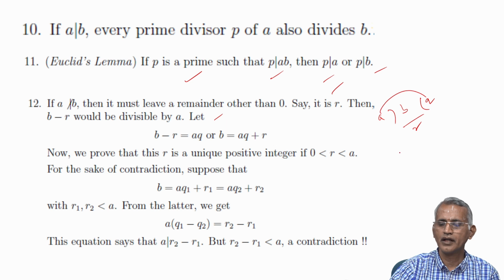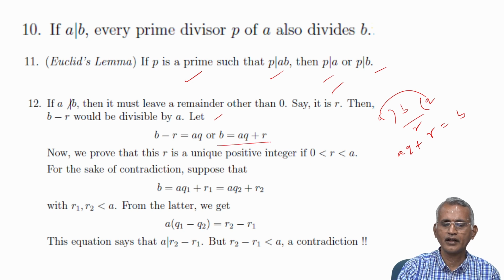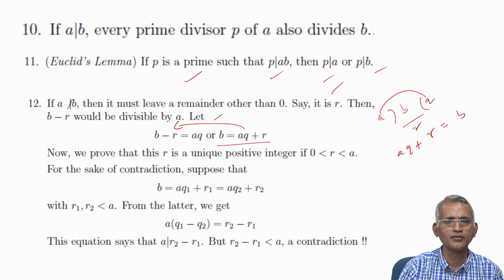Therefore, AQ plus R is equal to B. Rather, we can write B minus R equal to AQ. This way we can write one term in terms of the other.